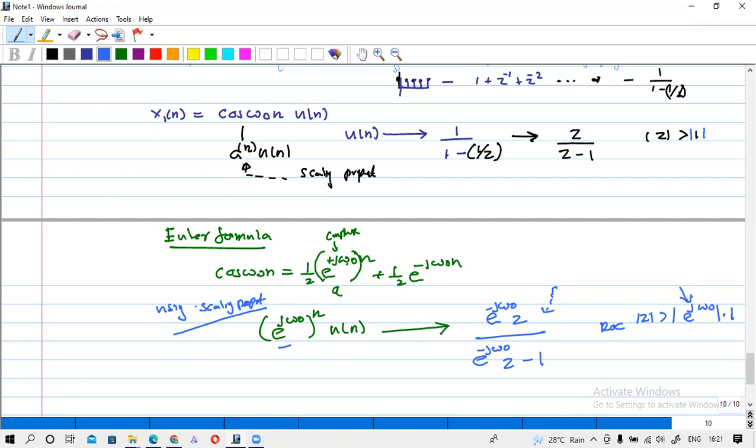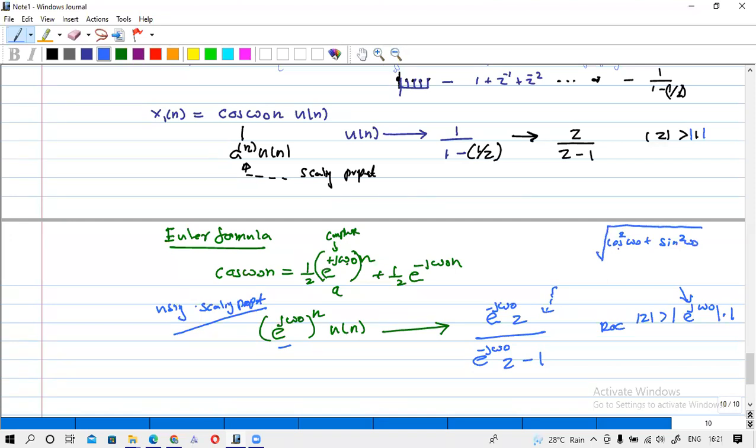What is the value here? You can see that this one also is 1, because this is a complex value. If you take the magnitude, you will have the square root of cos square omega naught plus sin square omega naught.